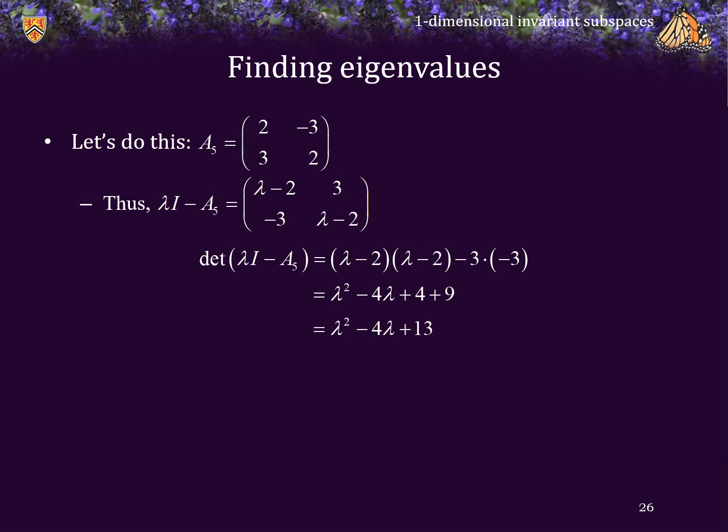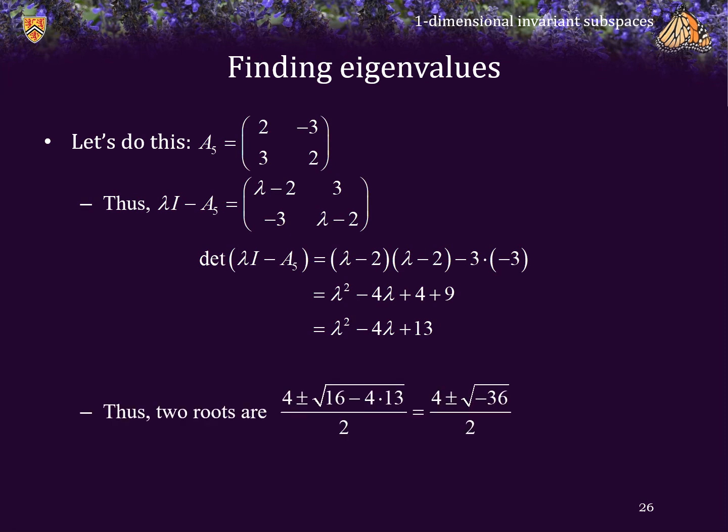And if you calculate the discriminant, you will see that the discriminant is negative, and consequently, this quadratic has two complex conjugate pair roots. Specifically, those two roots are shown here, which equals 4 plus or minus root negative 36 all over 2, which simplifies to 2 plus or minus 3j.